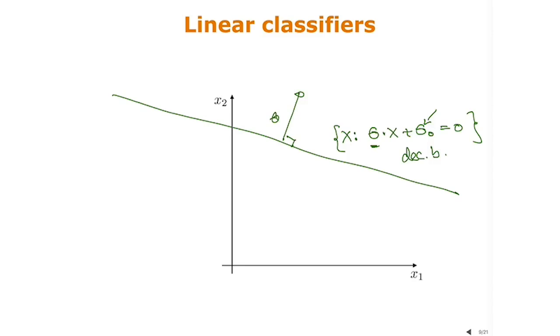So on this side of the boundary, again, theta dot x plus theta naught is positive, as every time we are on the same side as where theta points, the linear function here gives us a positive value. It's exactly 0 along the boundary, and it's negative on the other side.